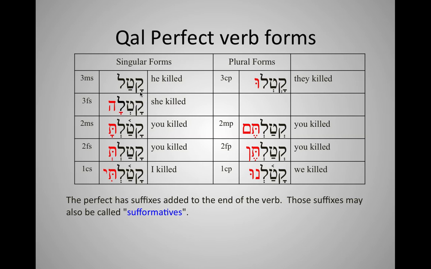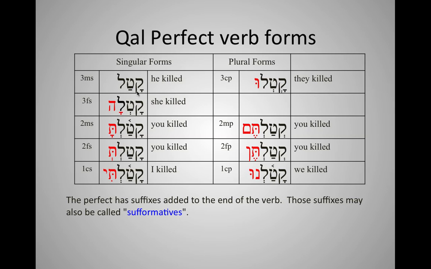And the verb katal, I should mention, go back to the first block here. Kof tet lamed is a 3-letter verb, and it means to kill, essentially. And just so you know, katal is a typical verb that's used in these types of charts because it's a regular verb.